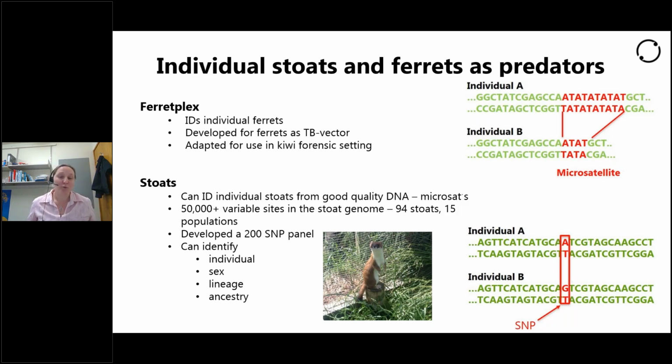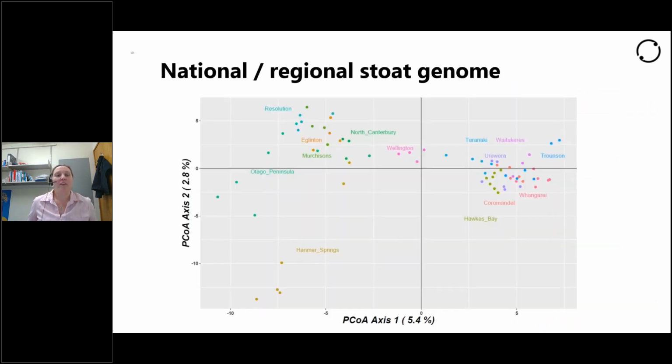We see this tool being particularly useful when you get island incursions of stoats or ferrets, and you want to be able to identify whether you've caught the right stoat or whether you have more than one. Here's another example of how it can be used to look at the regional diversity of stoats throughout New Zealand.